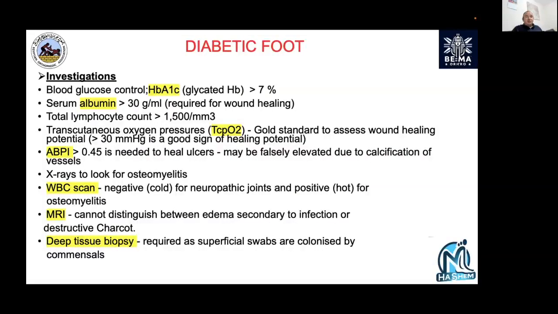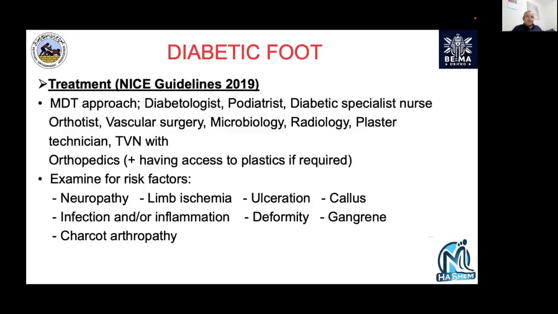MRI scan is very important, but has its own limitation because you will see bone edema and you cannot differentiate whether this edema is because of Charcot destruction or because of infection. Definitely, deep tissue biopsy will give you an idea about the specific bacterial infection and the specific antibiotic sensitivity, and this will give you a better option to treat this infection.